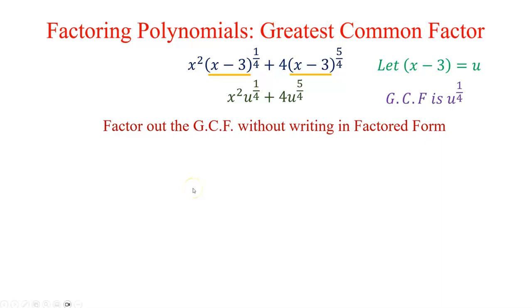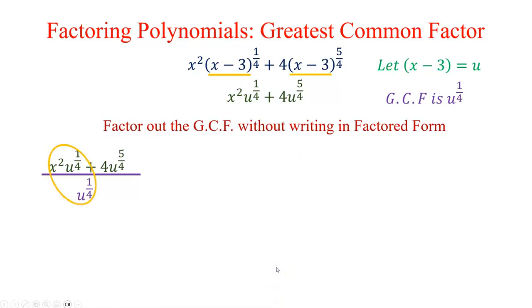So you want to have the level of expertise that you aren't dependent upon writing all of this out. And so, if you recall, when we factor out the GCF, we are essentially dividing each term by the GCF. So there's each term, and we're going to divide each one by the GCF.